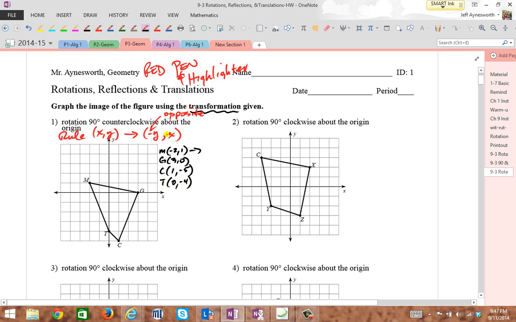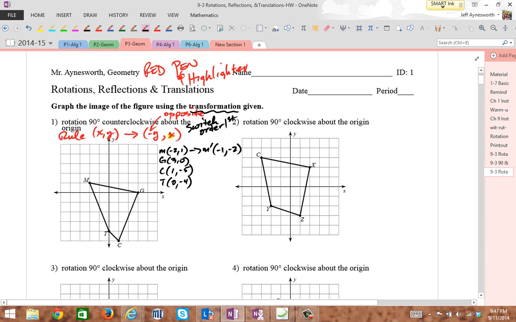So you want to switch the order, take the opposite of y. Okay, so switch order, and also take the opposite of y. So instead of 1, it becomes negative 1. So this is M prime: (negative 1, negative 2) because you got to switch the order.